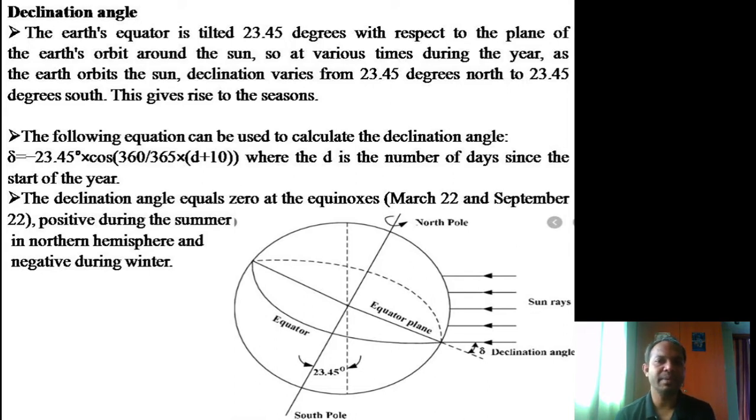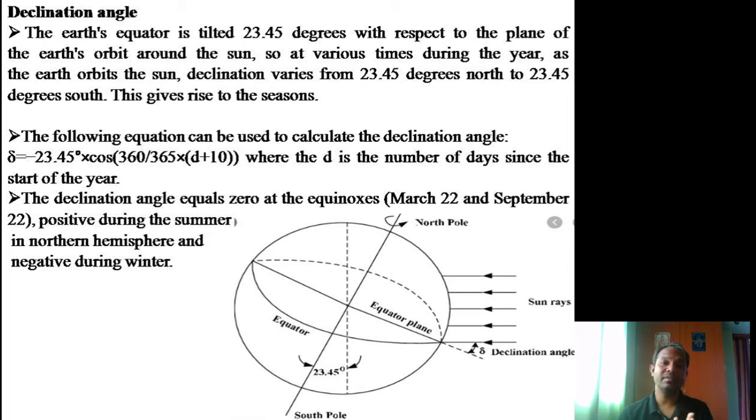So at various times during the year, as the Earth moves in its orbit, the sun's declination varies from 23.45 degrees north to 23.45 degrees south. This gives rise to the seasons. This is where we get different types of seasons, summer, winter and so on.